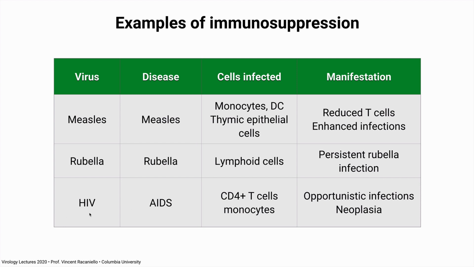And of course, HIV-1 infects CD4-positive T cells and monocytes, and that leads to AIDS, which includes opportunistic infections and cancers. So immunosuppression is an outcome of infection with a number of viruses and can cause more serious outcomes. In the case of HIV, if there were no secondary infections, it would not be a lethal infection. But in fact, CD4 positive T cell numbers go way down and you can't survive other infections.